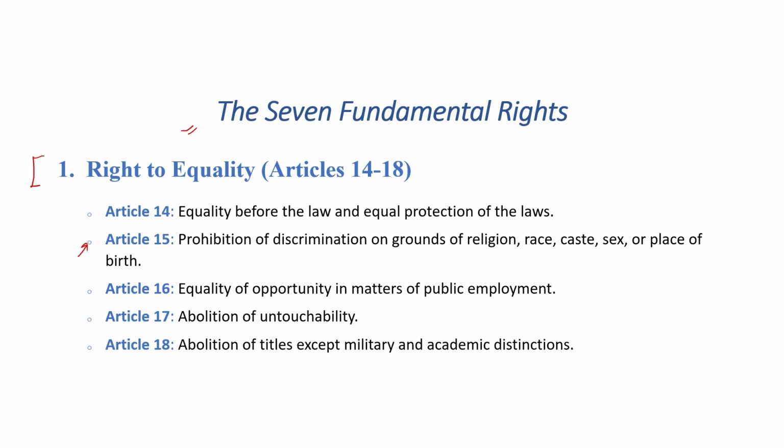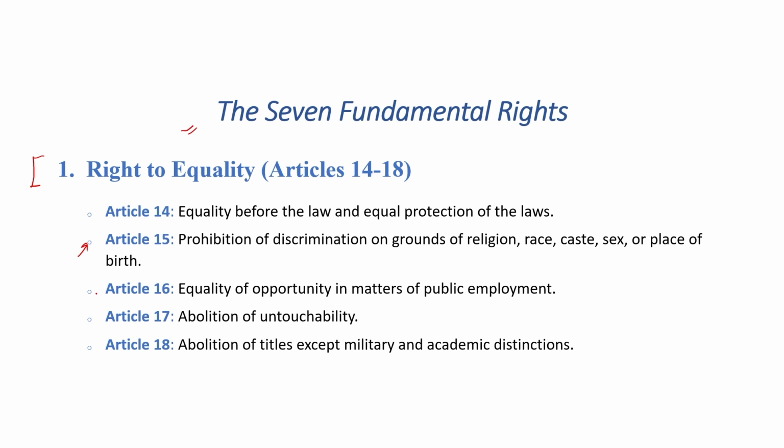Article 14 says every person is equal in the context of law, and Article 15 says every person is equal in the context of government. So according to Article 14, a government and a normal person are equal, and according to Article 15, any state shall not discriminate against its citizens on the basis of religion, race, caste and place of birth.